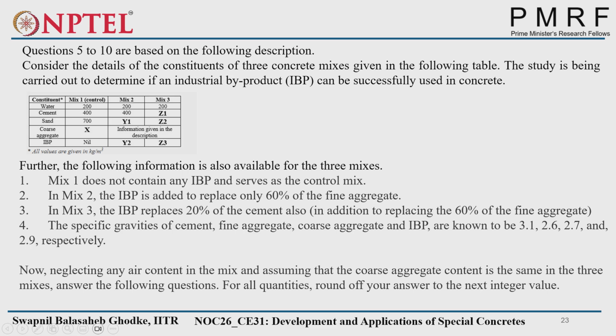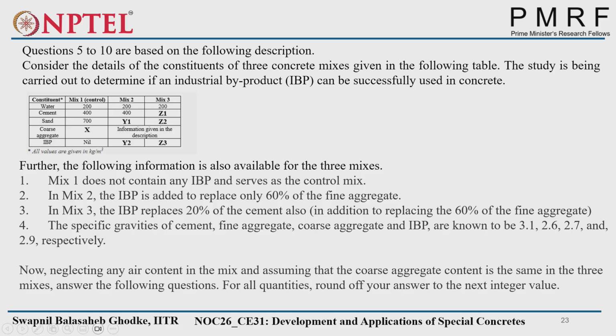In mix 2, IBP replaces 60% of the fine aggregate, so out of 700, 40% remains as Y1, and Z2 has the same condition in mix 3.